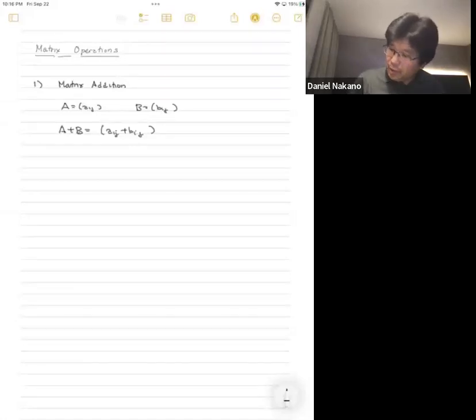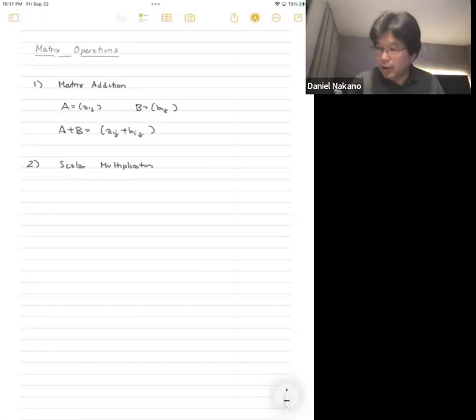Okay, so the second operation was the operation of scalar multiplication. Here, your scalar is a real number, and you take a scalar times a matrix with entries Aij.